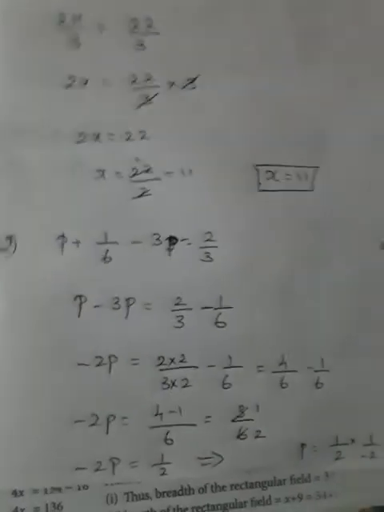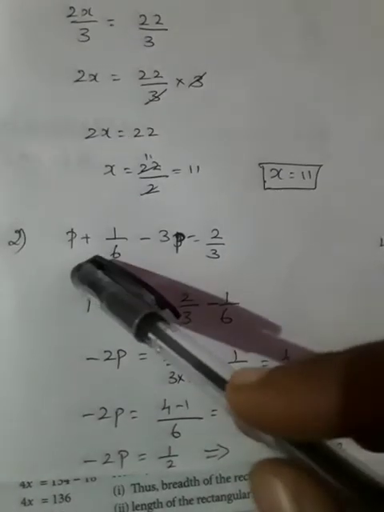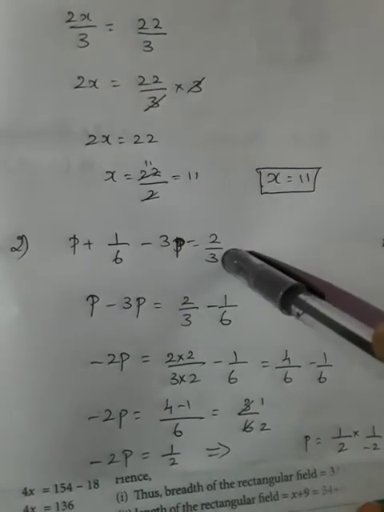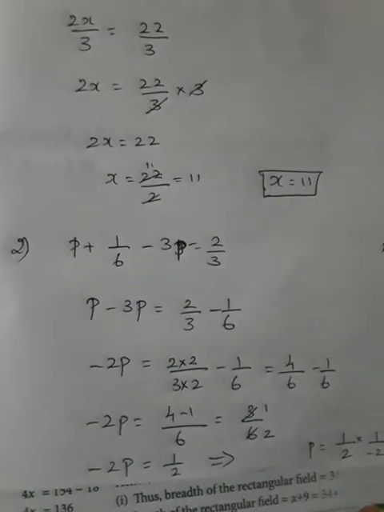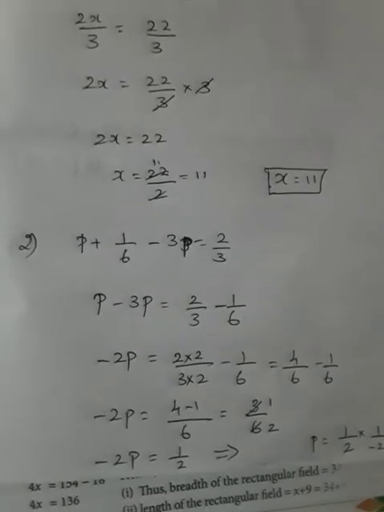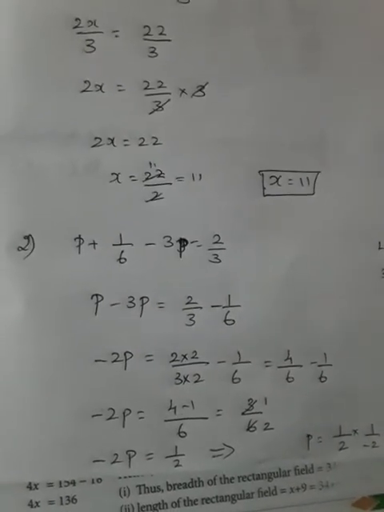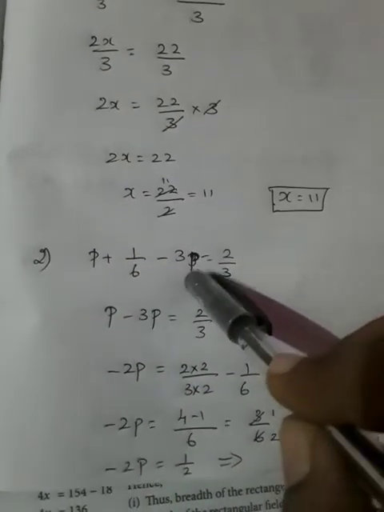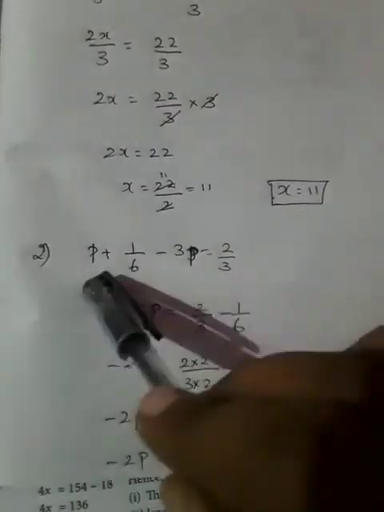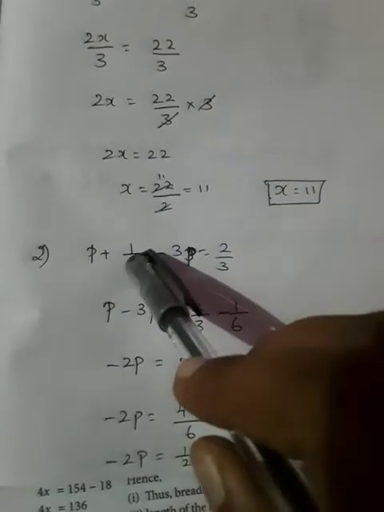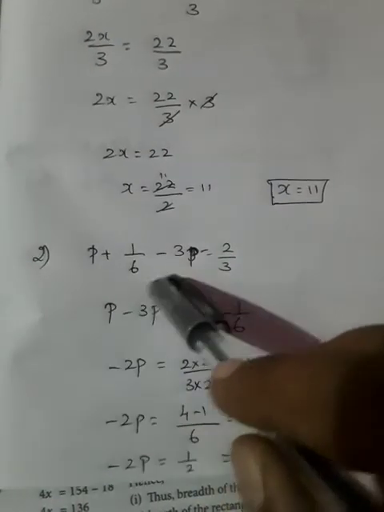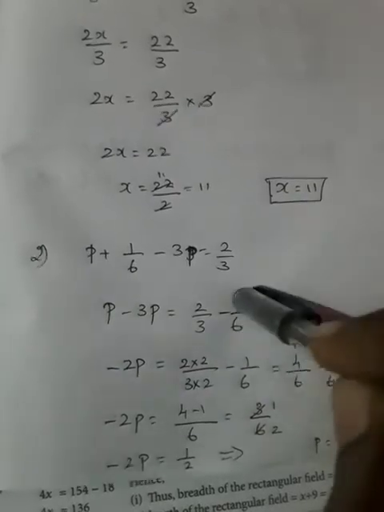Now let's see another sum. The given sum is p plus 1 by 6 minus 3p is equal to 2 by 3. In the previous sum we had only one variable, and here also we have one variable, but it appears two times: one in the first term and another in the third term. So I need to keep the variable terms alone on this side and transport the remaining term to the opposite side. Plus 1 by 6, if you are transporting, will change to minus 1 by 6.